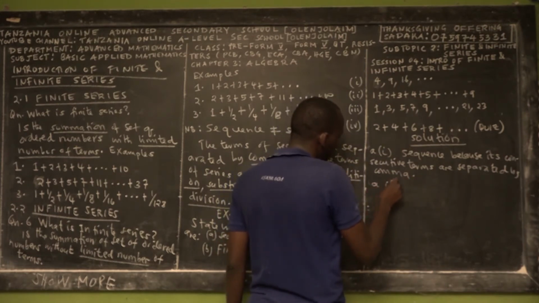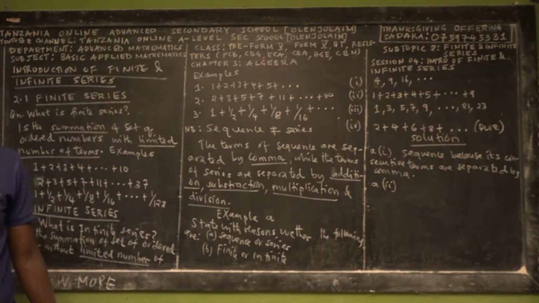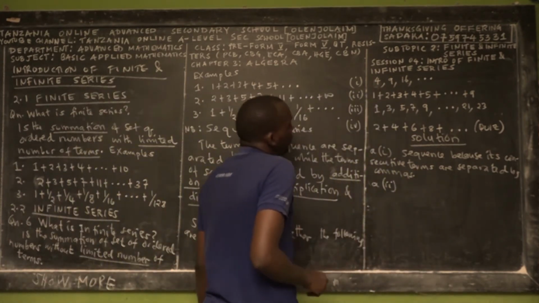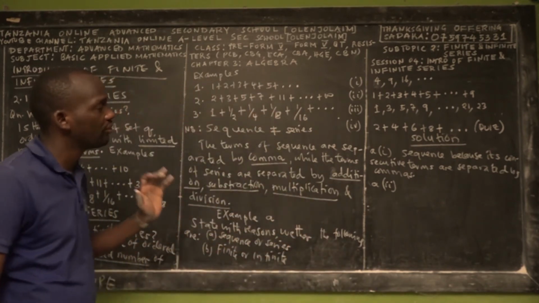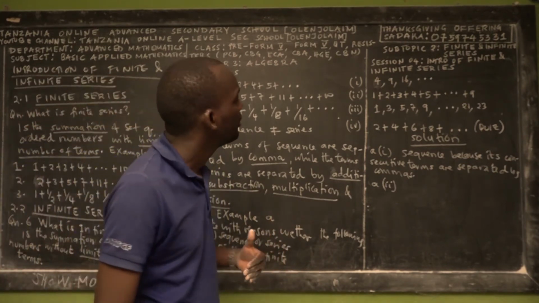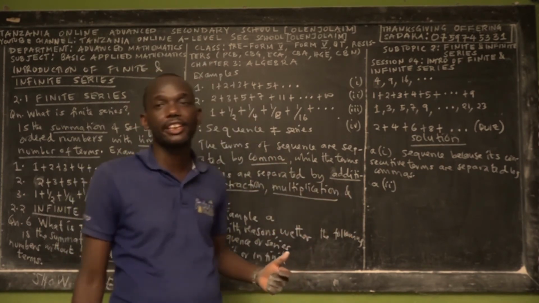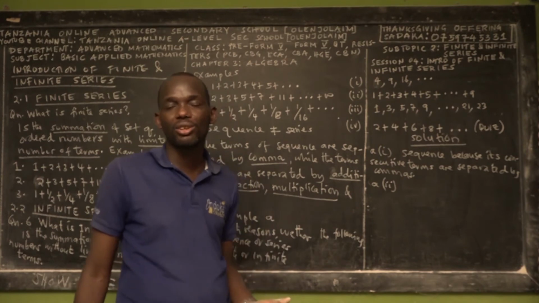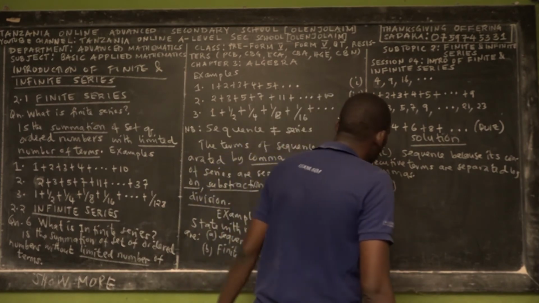Then we go to A, Roman 2. What is a series? A series is a summation of a set of numbers that follow a certain rule, right? So when you say summation, it can be the summation of subtractions or differences of the terms, or just the summation of the terms, differences, multiplication, or divisions of the terms. For this case, we just use addition.